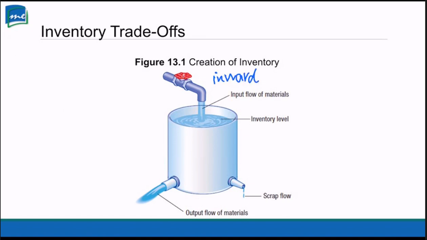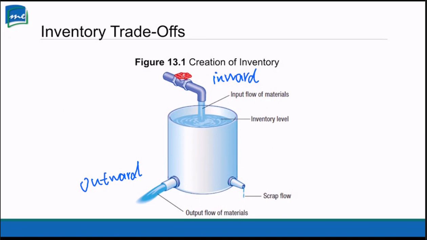The inward flow of the water here represents the input of materials, such as component parts, office supplies, and finished products, and the outward flow of the water represents the demand for materials in inventory, such as customer orders or service requirements for suppliers or furnishings and others. So this is the demand for the materials in inventories.